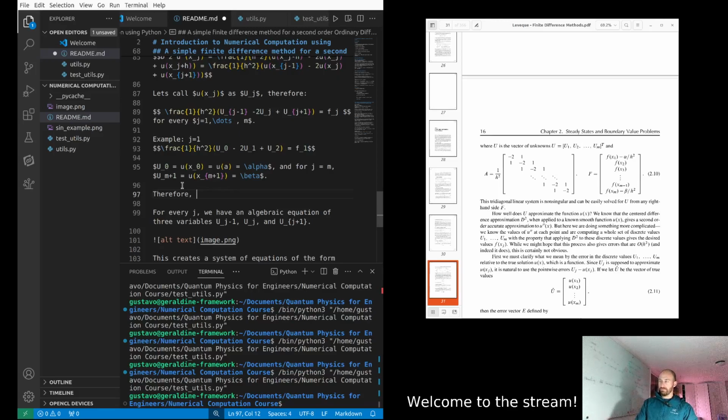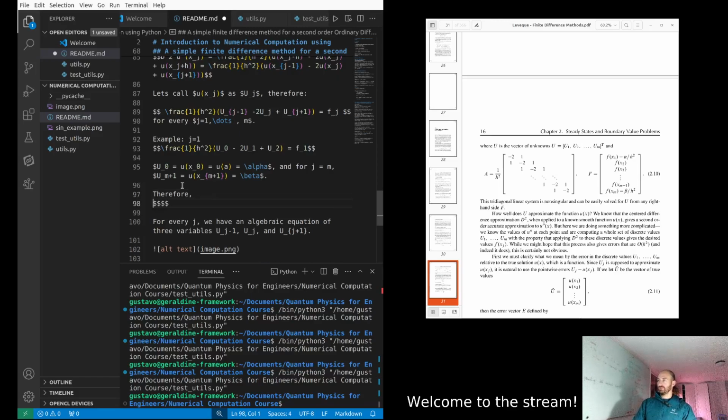So we're going to have -2 u sub 1 plus u sub 2 is equal to f sub 1 times h squared, and then minus, and this is interesting, u sub 0, which we said was alpha.